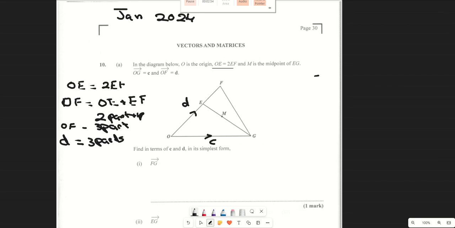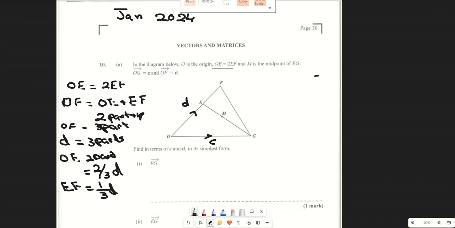So in terms of D, OE, which is 2 parts, would be equal to 2/3 D, and EF would be equal to 1/3 of D. So that's what we just need to know.